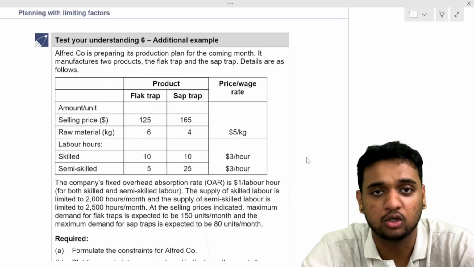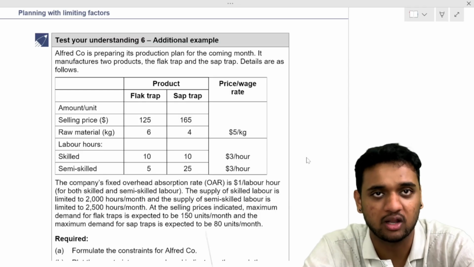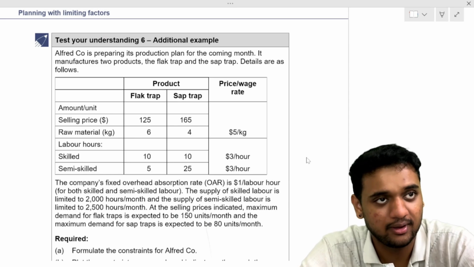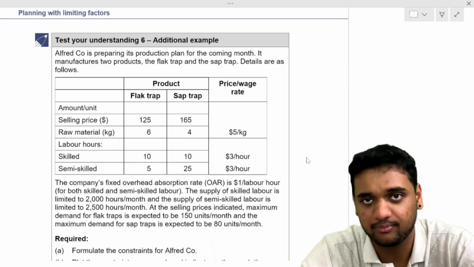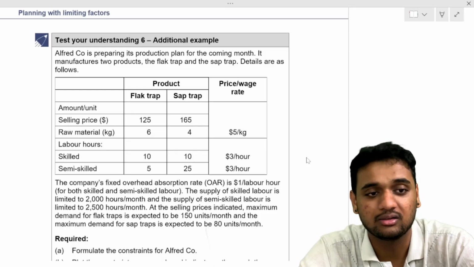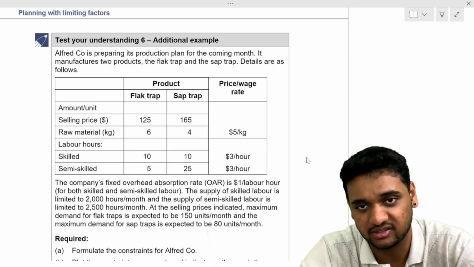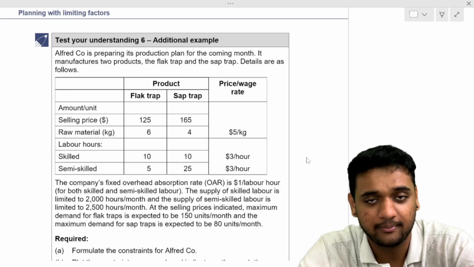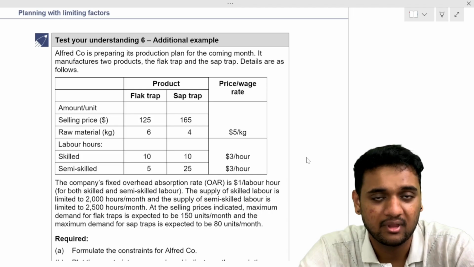First tell me what the two products are. First you have to know the products and the limiting factors. What are the two products? Flat trap and sap trap. The two products are flat trap and sap trap.